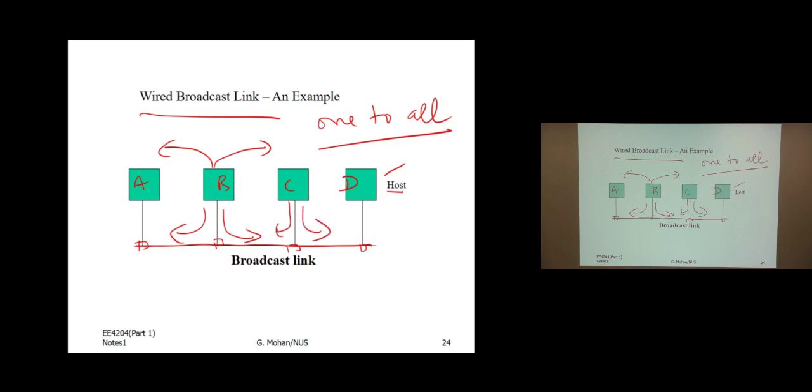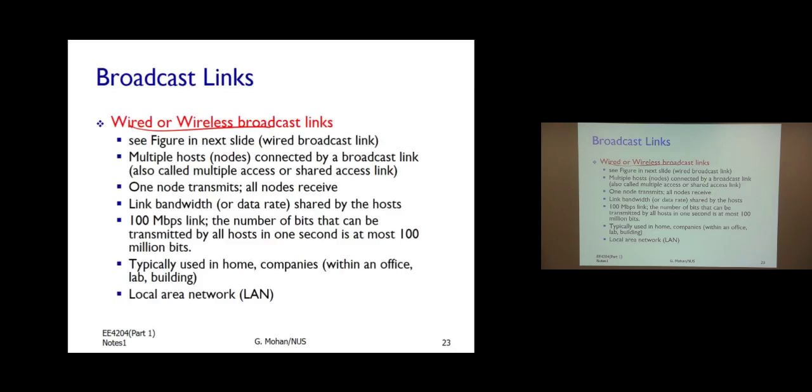The signals generated by B and the signals generated by C will both be propagating through the same medium, so they will collide. There's a possibility of collision. Collision means the data value will be changed. 1 may become 0, 0 might become 1. Data values will be affected. So that's the problem of collision. We need to take care of that.